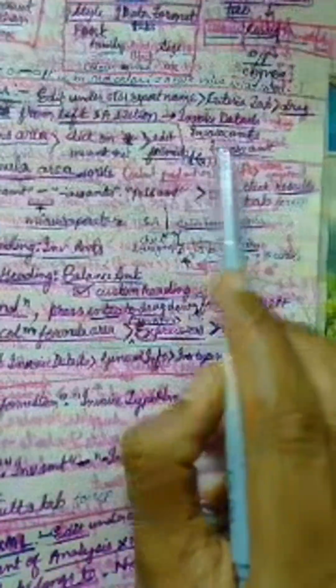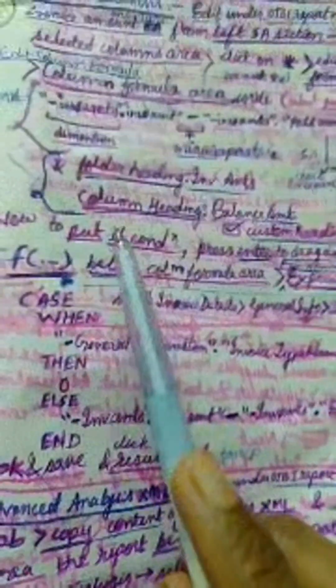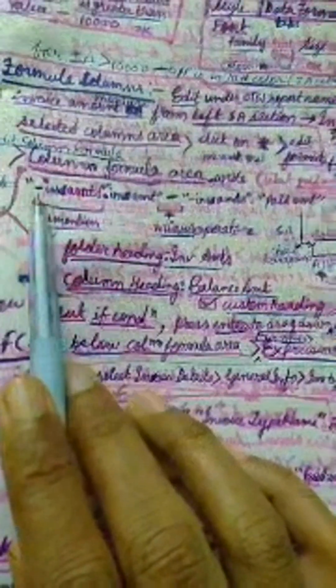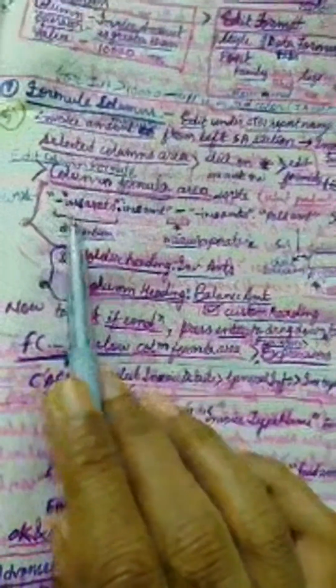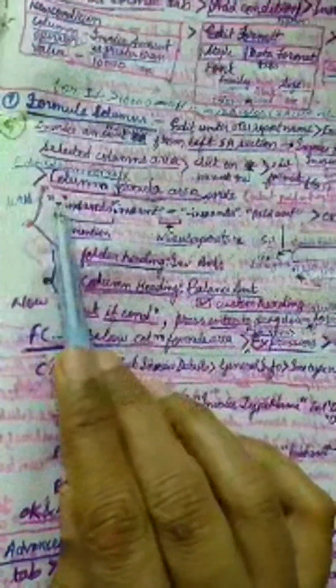Here the measure name appears along with the column name. How? We select invoice details, then click on invoice amounts. This appears as invoice amounts dot invoice amount once we select invoice amount.